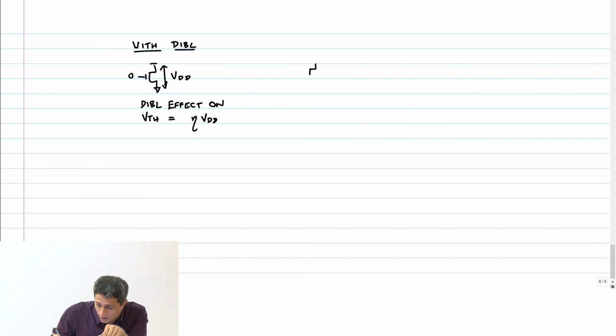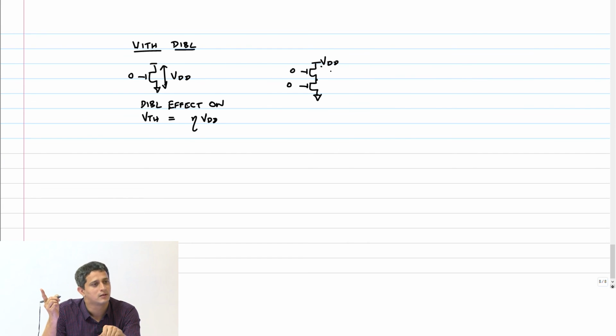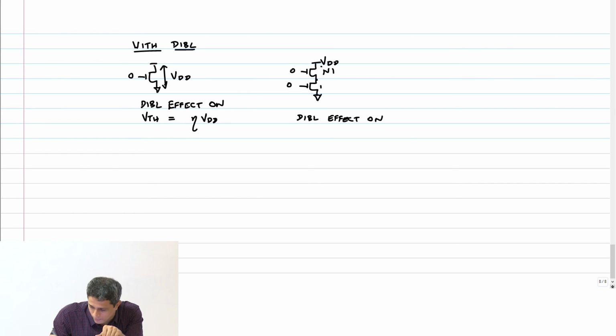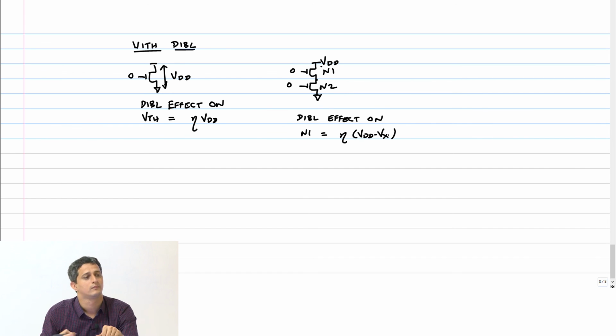Now here, when I consider a two-transistor stack, with 0, 0 and VDD, the DIBL effect on the top transistor N1 is eta into VDD minus Vx.